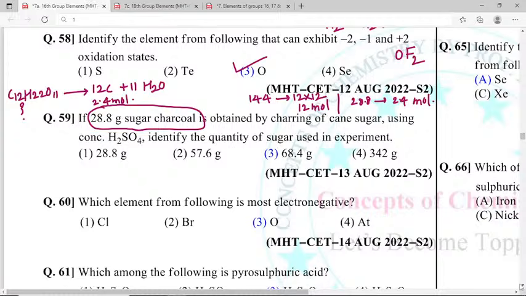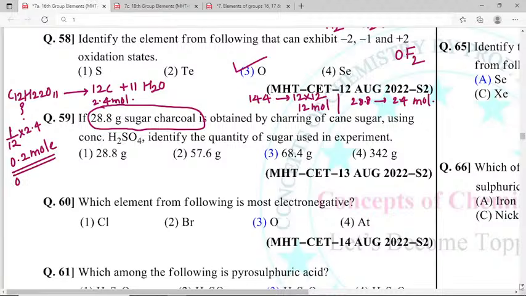So this is 1 by 12th, multiplied by 2.4, so this is 0.2 mole of sugar.